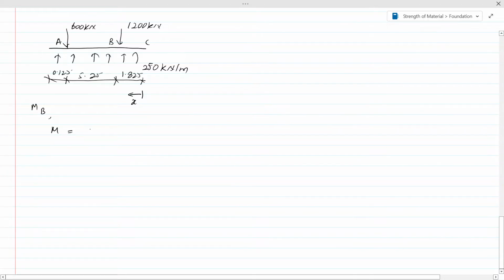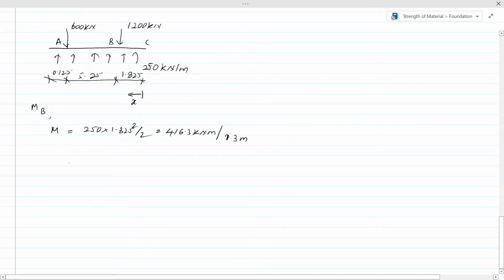M is equal to 250 into 1.825 squared divided by 2. From this we get 416.3 kilonewton meter. This is for 1.3 meter width. That we have to keep in mind when you calculate the bending moment.